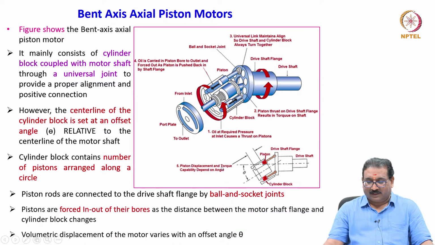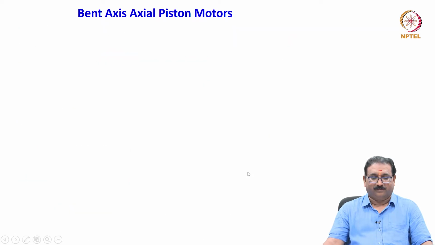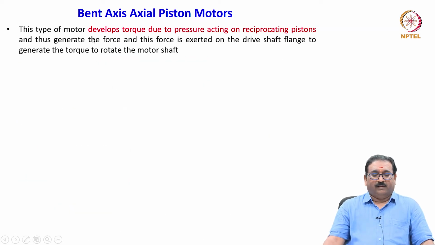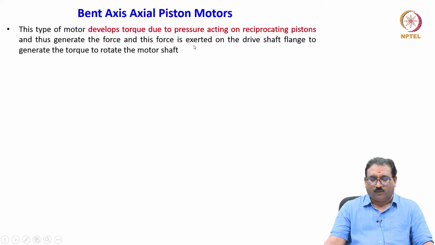Here you will see the piston displacement and torque capability depend on the angle theta. This type of motor develops torque due to pressure acting on reciprocating pistons and thus generates force, and this force is exerted on the drive shaft flange to generate the torque to rotate the motor shaft.